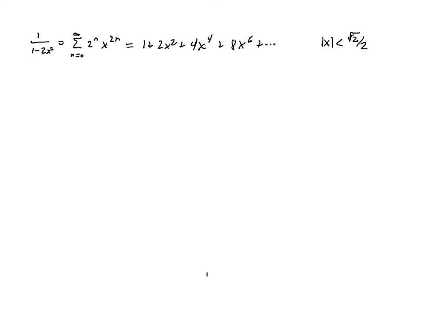And now we're going to use this metaphor of infinite polynomials to get a power series expansion, say, for the function x over 1 minus 2x squared. All I'm going to do is think of that as x times 1 over 1 minus 2x squared, perfectly valid algebra. And now I multiply x times the summation that we derived previously.